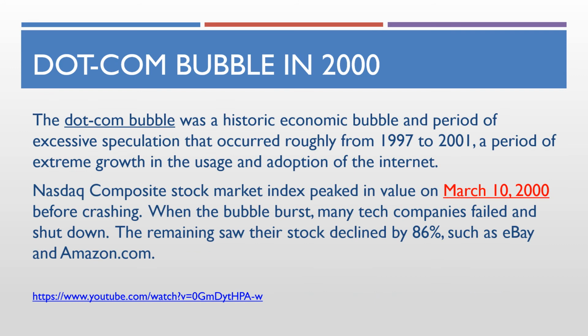Well, in economics, there are a lot of great events that we could study about financial markets, especially one that happened in the year 2000. We call this the dot-com bubble.